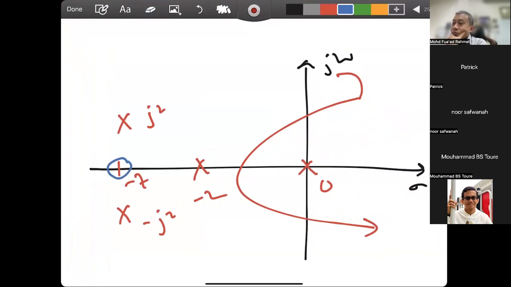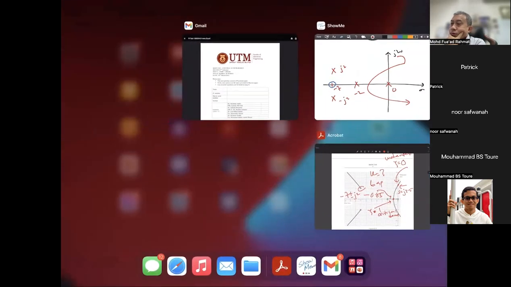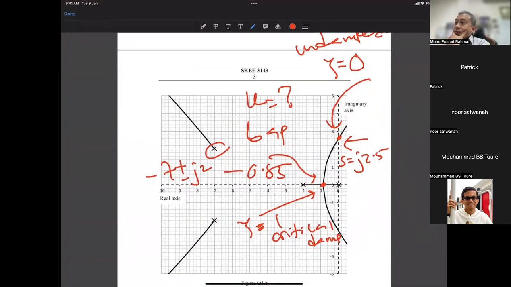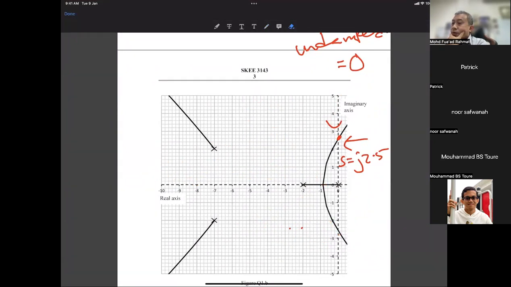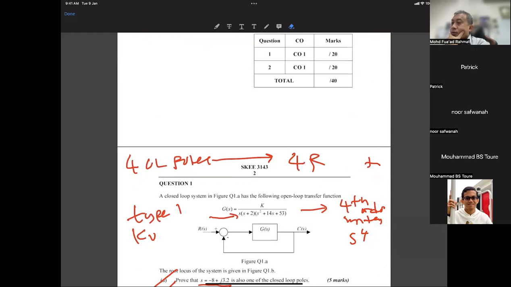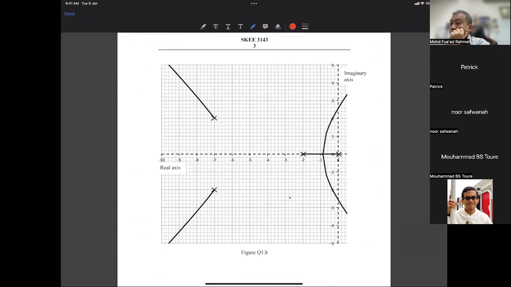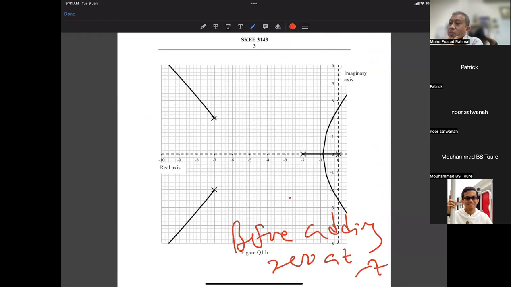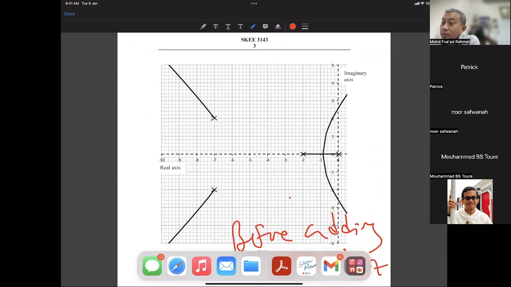Before you add the zero at -7, the plotting is shown here. So this is the plotting before you add the zero at -7. After you add the zero over here, what happened to the plotting?